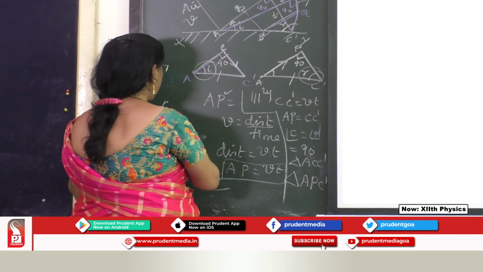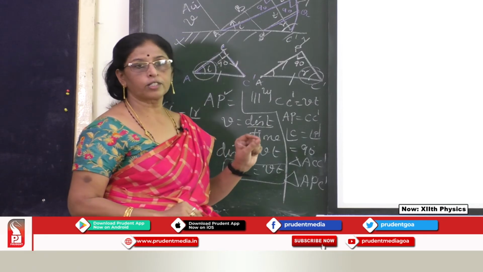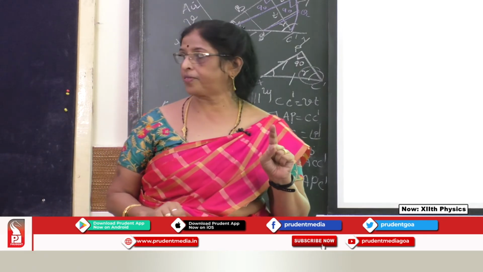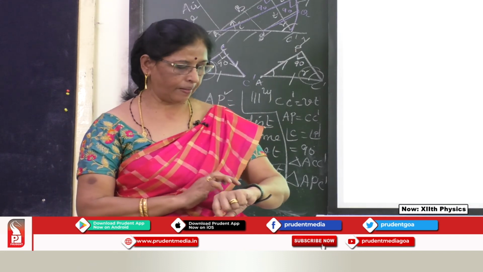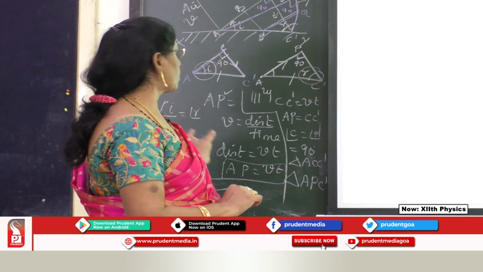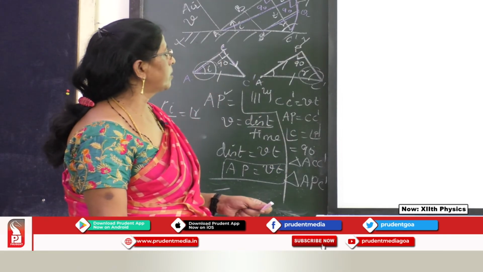By congruency, angle I equals angle R. This proves the first law of reflection, which states that the angle of incidence is equal to the angle of reflection.